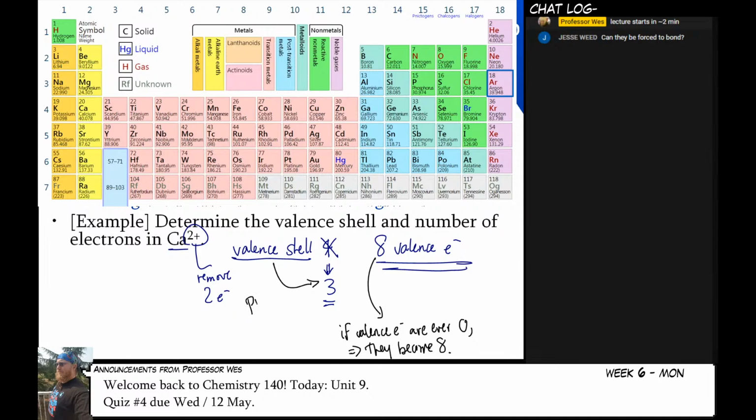And the reason for that is the previous shell becomes the new valence shell. So manipulating our electrons is a little bit weird if we take away all the valence electrons. Normally we'd just be adding them and you would gain 1 or 2 electrons or whatever, and the number would just increase.